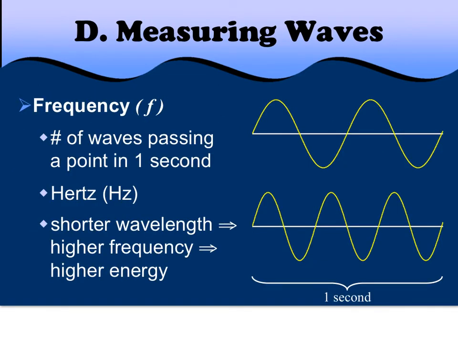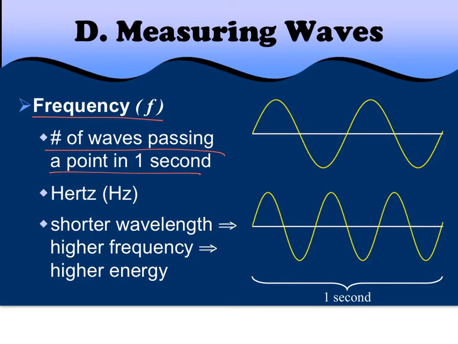As we measure waves, we also have to consider frequency, and this is a simple one to remember because a wave that has a higher frequency simply has more frequent waves. It's the number of waves passing through a point in 1 second.